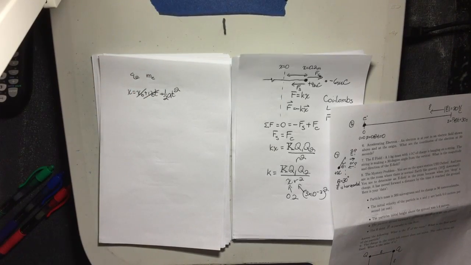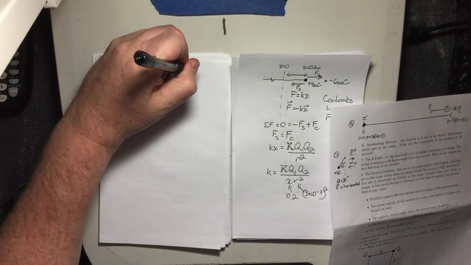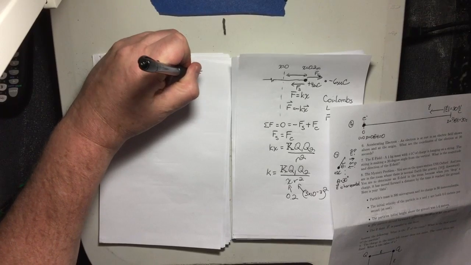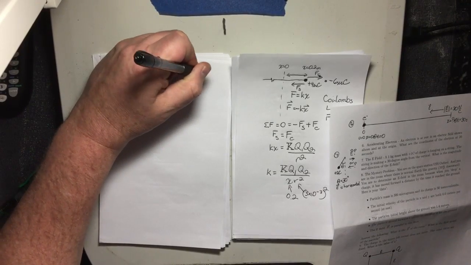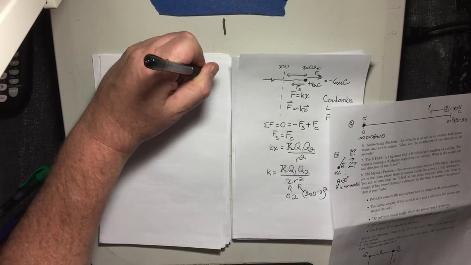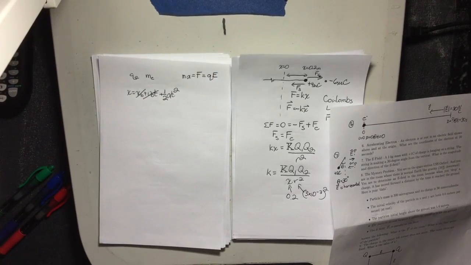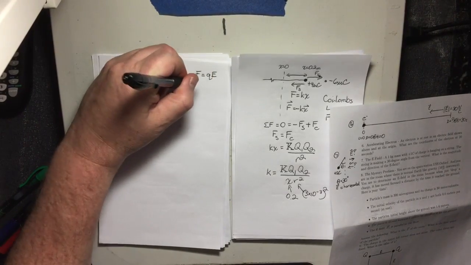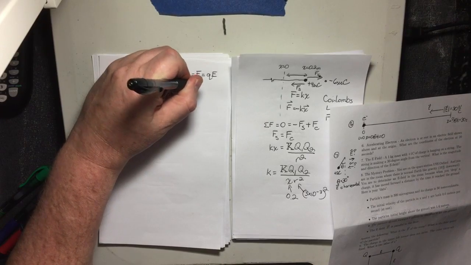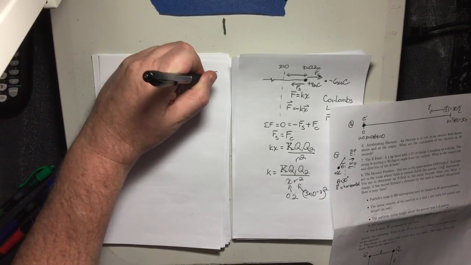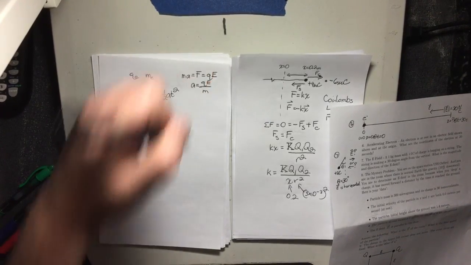I don't know what a is, but I know Newton's second law, F is equal to ma, and I know that the force on the charge is Q times whatever the electric field is. So a is QE over m.